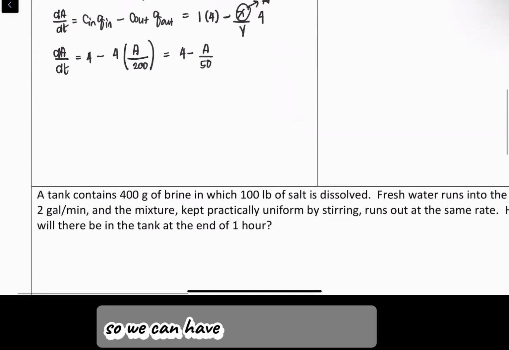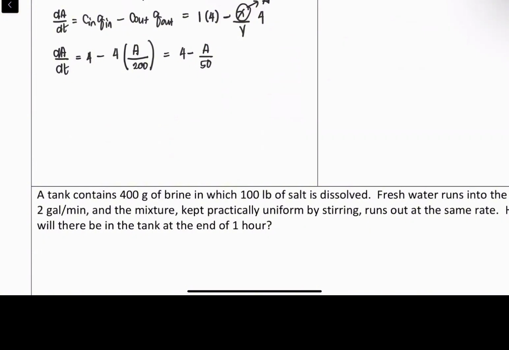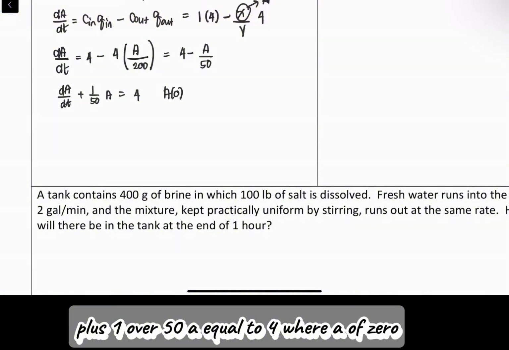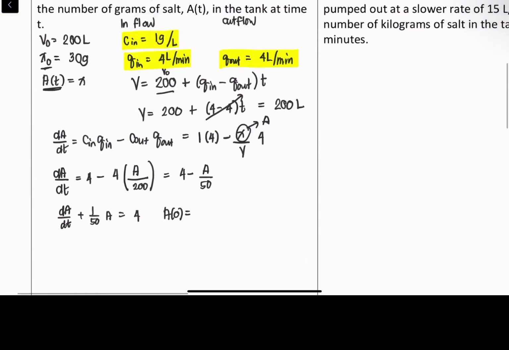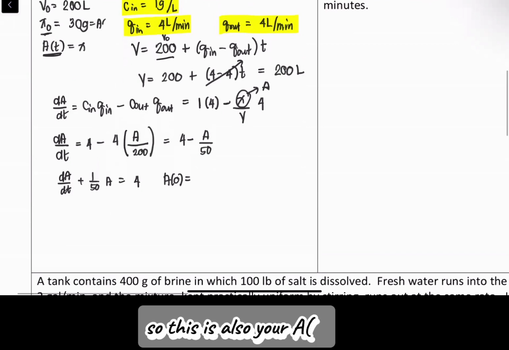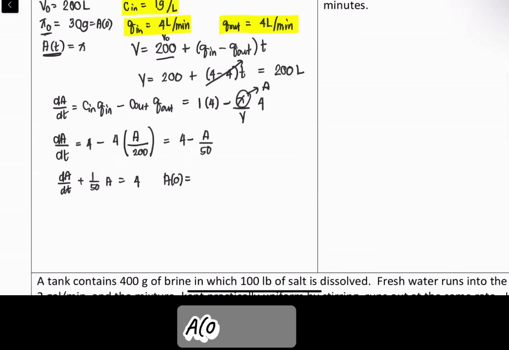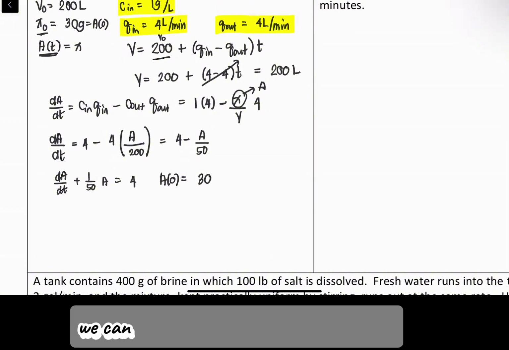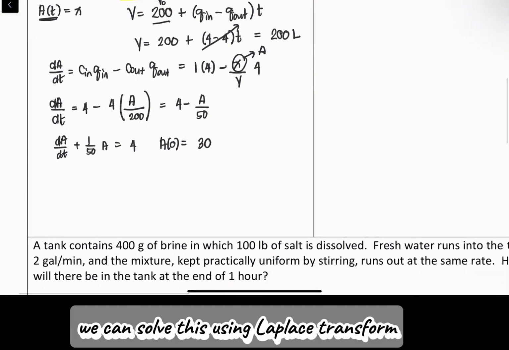So we can have this written as dA over dt plus 1 over 50 A equal to 4, where A of 0 is 30. We can solve this using Laplace transform.